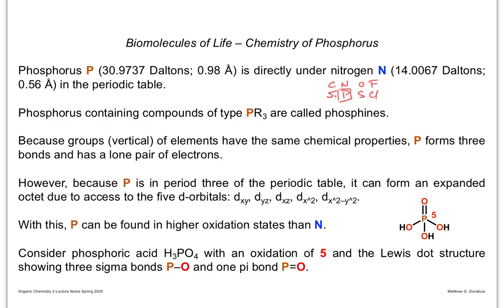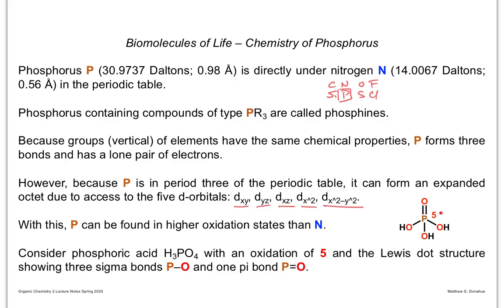And because of that, it has access to d orbitals. The d orbitals allow it to attain geometries that you can't normally, like with period 2. So if you remember from Gen Chem, those d orbitals are listed here.